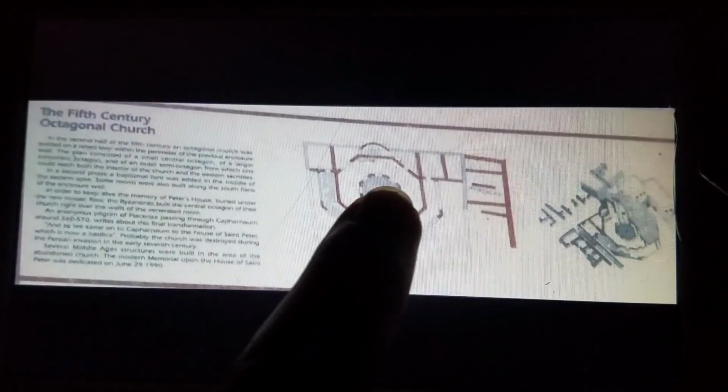And within these ruins we have another octagonal church feature with a circle, okay? Again, a 5th century octagonal church in Capernaum. And you can see the ruins of this there, and definitely go if you have the chance.